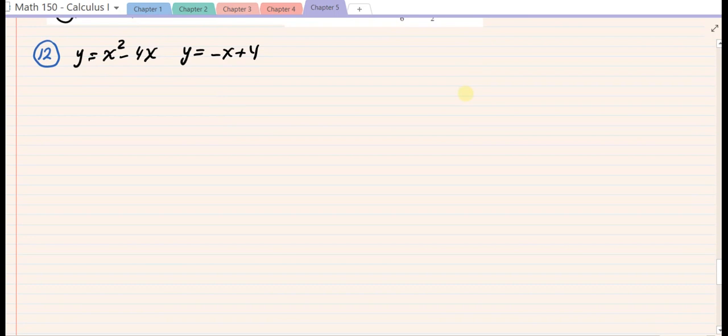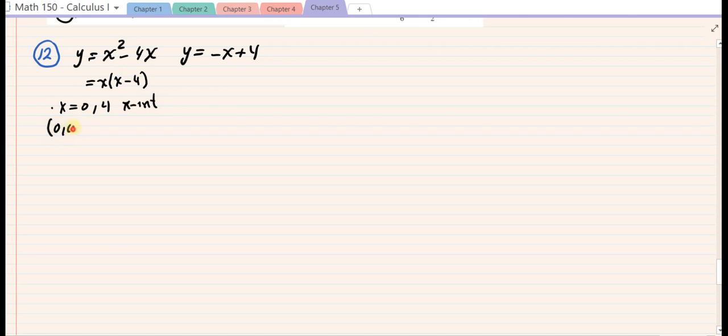Now let's actually graph this thing and see what it looks like. As far as the parabola goes, if you factor this, you get x times (x minus 4), and the x-intercepts, that's when y is 0, so x is 0 and 4 are the intercepts. These are your x-intercepts. And the y-intercept is, anytime x is 0, then y is 0, so 0, 0 naturally.